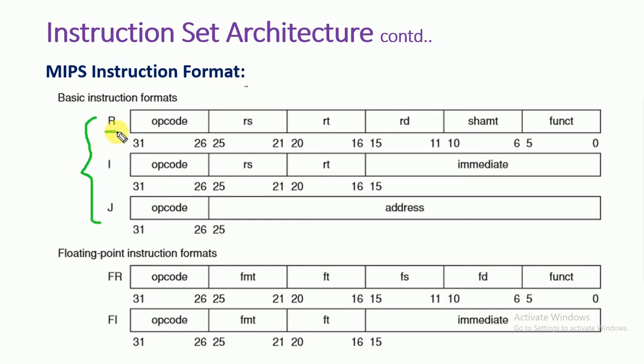One is the R instruction, second is the I instruction, and third is the J instruction. R is for register instructions, I indicates immediate instructions, and J indicates jump instructions. So these 3 major categories are available with MIPS. All the formats, as you can see, from 0 to 31, total 32 bits, are utilized by all the categories of instructions.